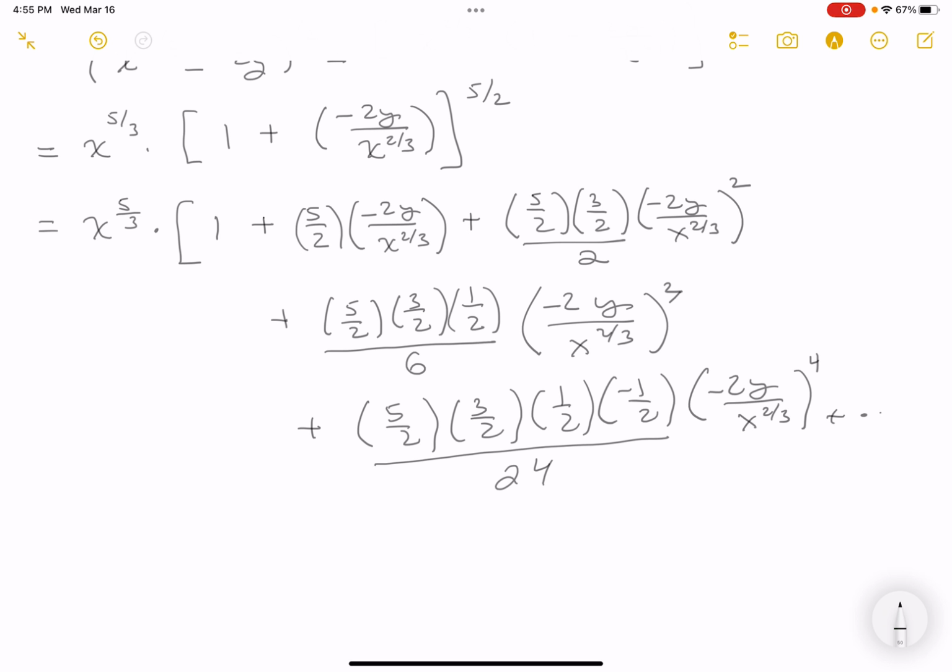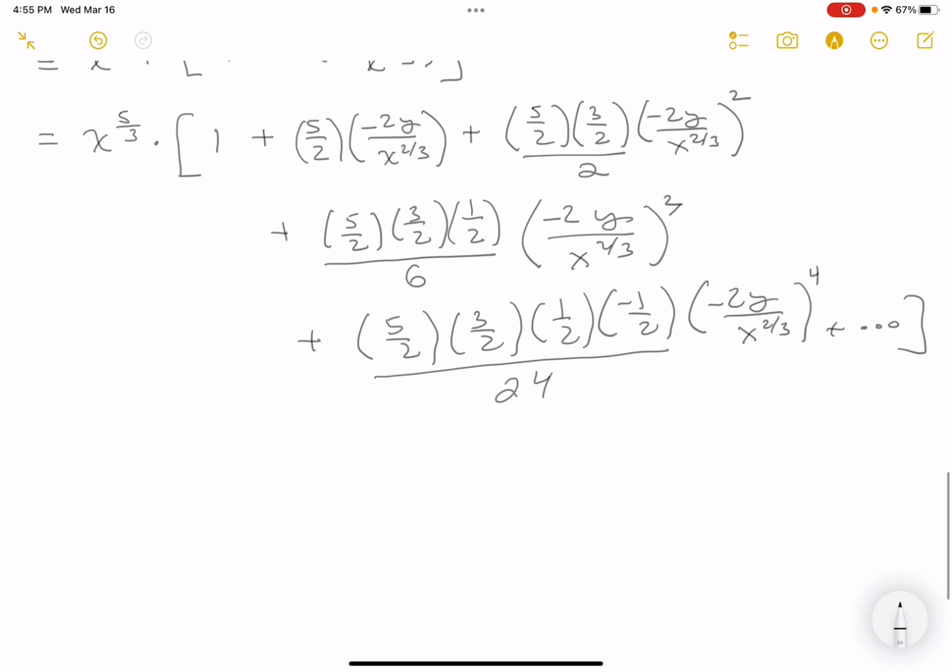And this goes on and on and on. Of course, I can't go on and on and on. I got to stop somewhere. So let's put this down. And I will update your key with the correct answer. And I've already done that, so I have something to look at in the end.